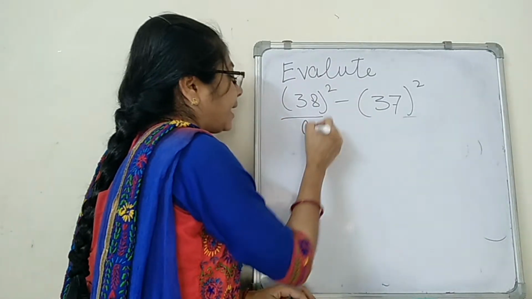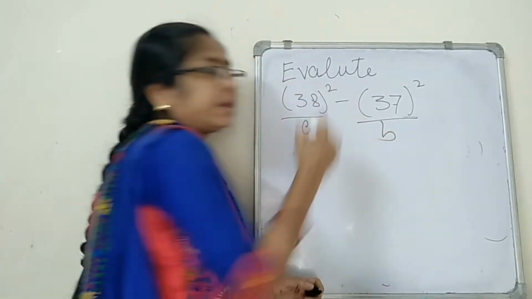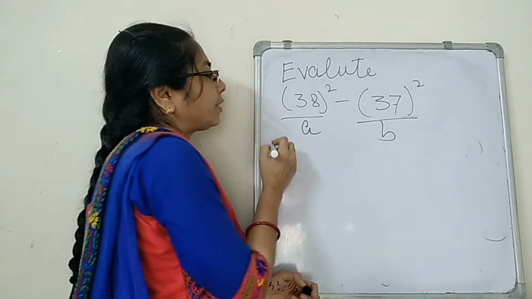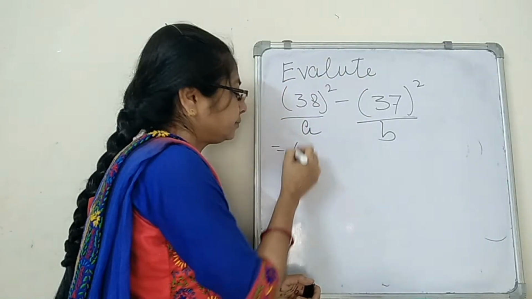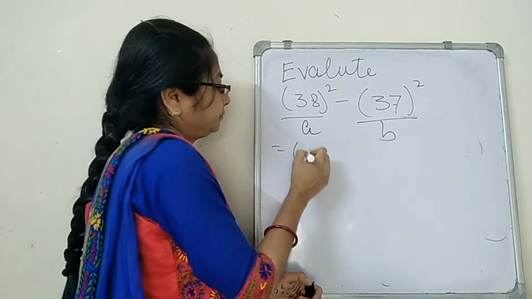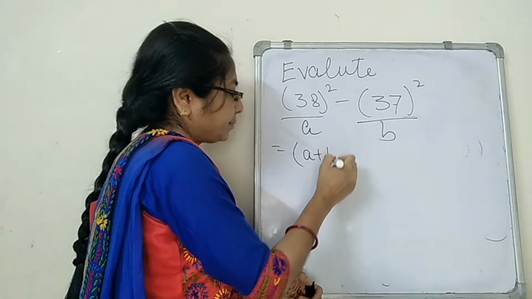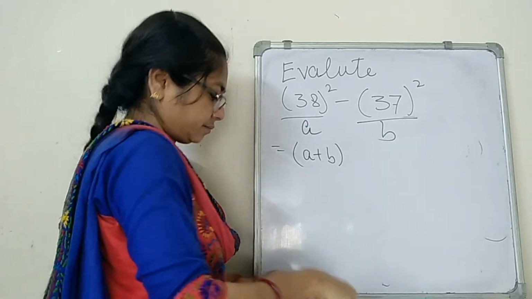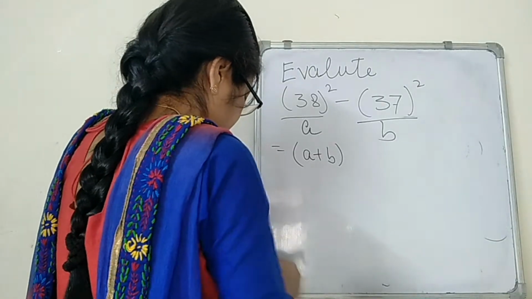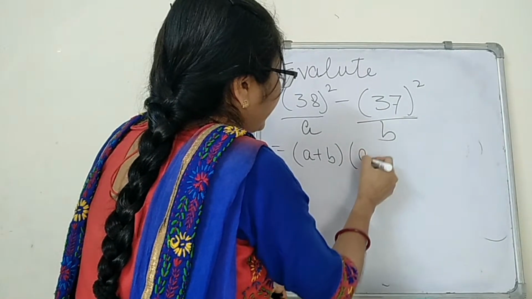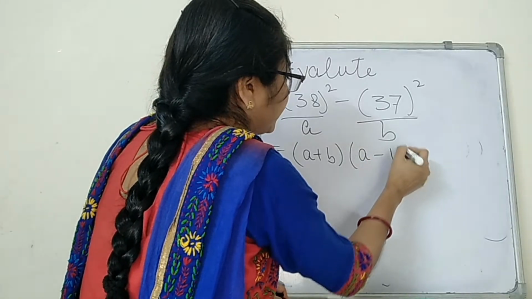Here it is a. Here it is b. So what is the formula? A plus b into a minus b. Okay, I write it. A plus b, a minus b.